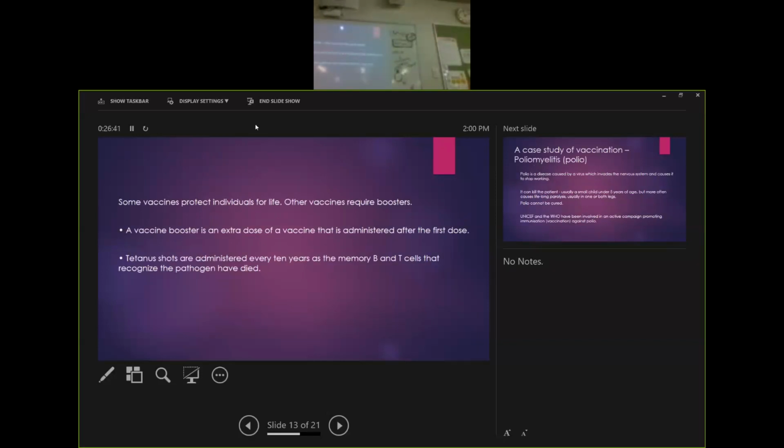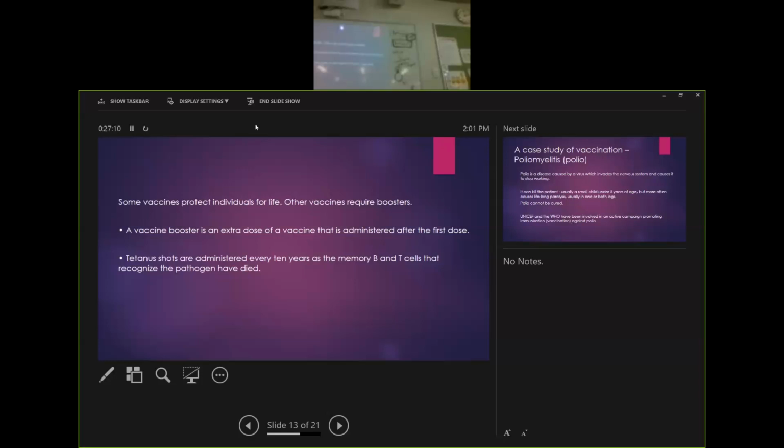Vaccines: some protect for life, some you need boosters for. It just means you need additional vaccines down the track, because a lot of times our B and T cells can die off if they're not being activated enough. So with tetanus, for example, it's not that the pathogen changes, it's just that the B cells and T cells that previously recognized it die off.